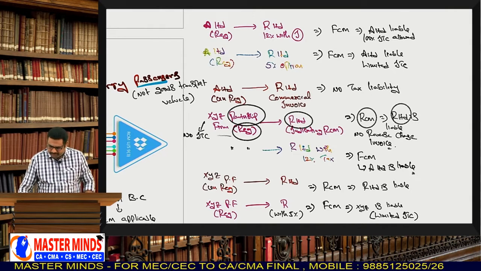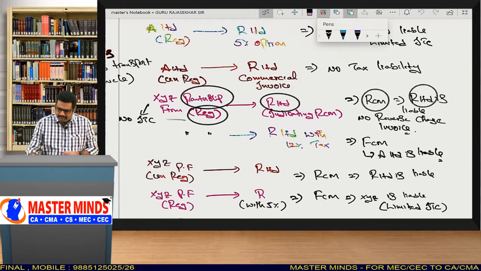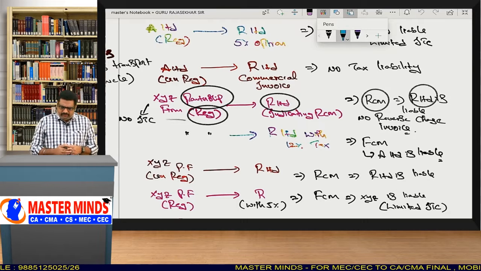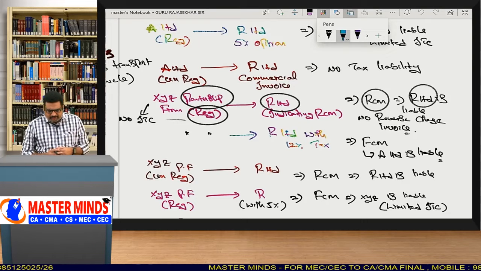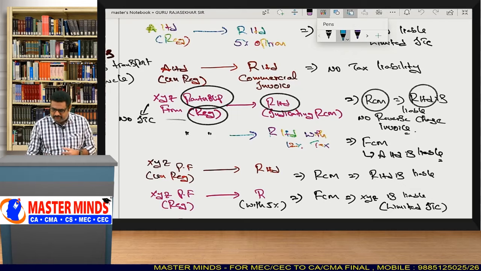Now the question is, I will zoom. And next point is, in this case, XYZ is a partnership firm which is registered, and R Limited is also registered, but we are charging 12%.